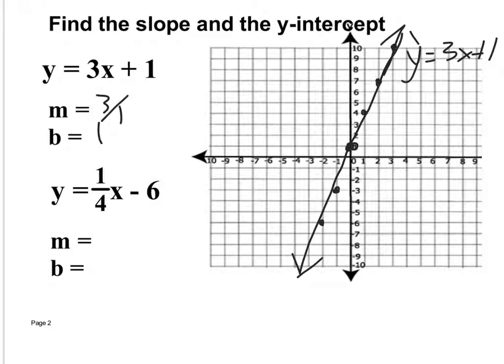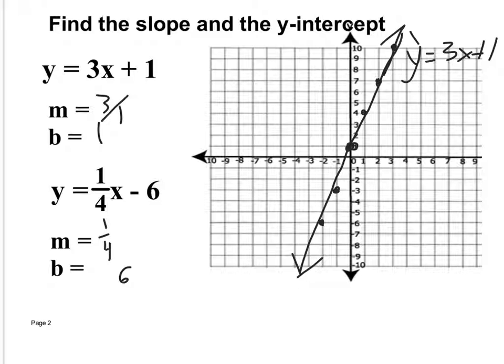Brittany, what would be my m for y equals 1/4 x minus 6? 1/4. The number in front of x is my m, my slope. Sierra, what would be my b? 6. Okay, it's 6, but yet it's not 6. It's not positive 6 because let's think back to the original equation.